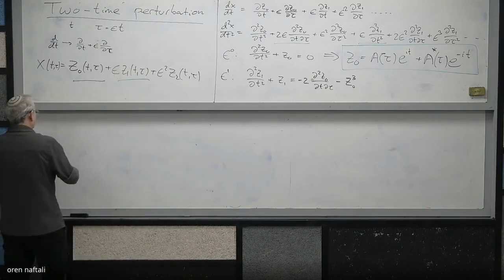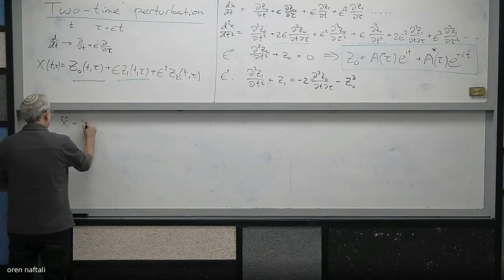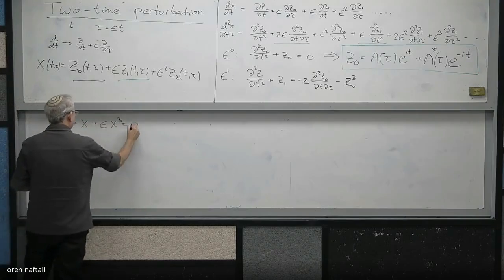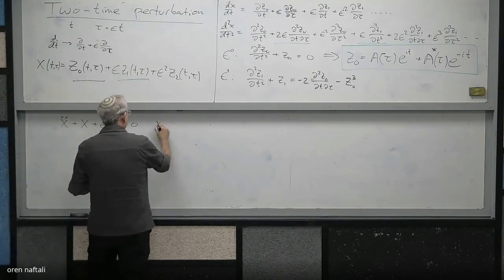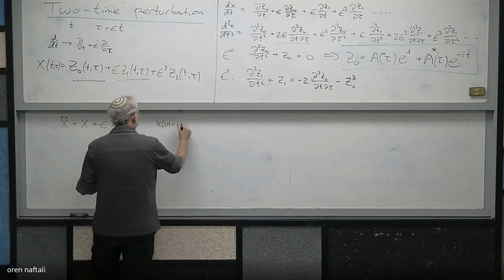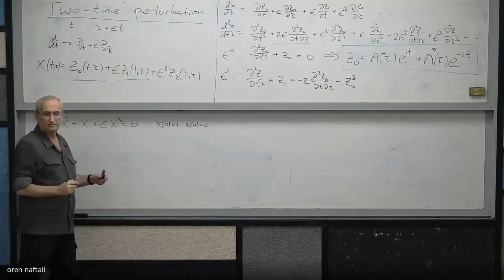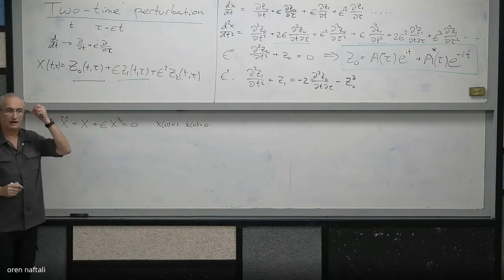Okay, so to remind you, we're dealing with x double dot plus x plus epsilon x cubed equals 0, with the initial condition x of 0 is 1 and x dot of 0 is 0.